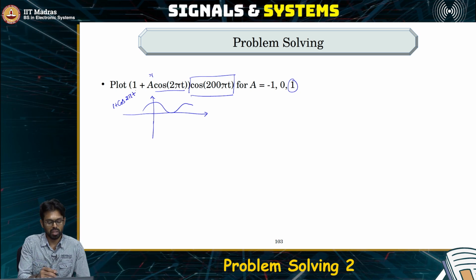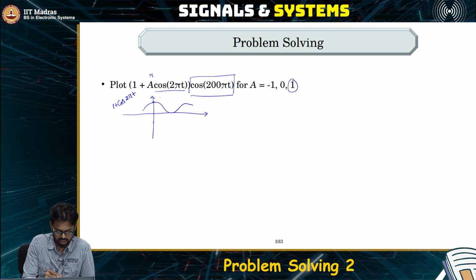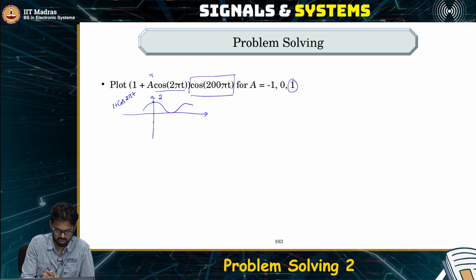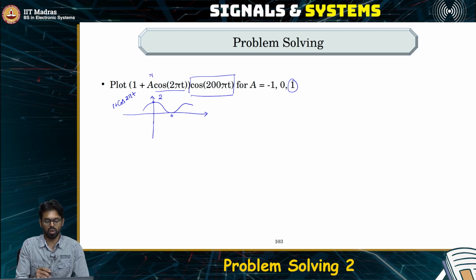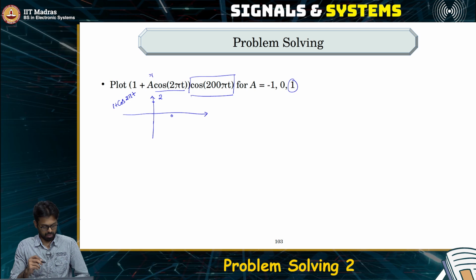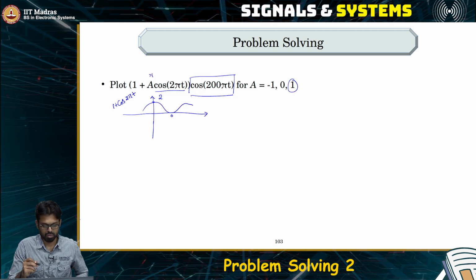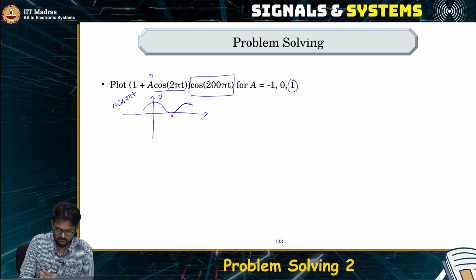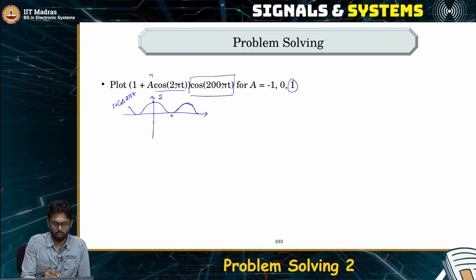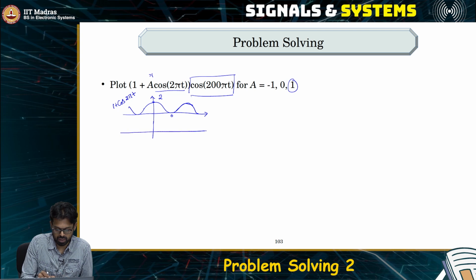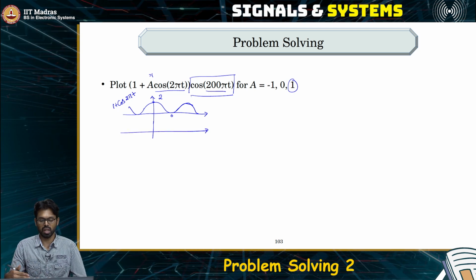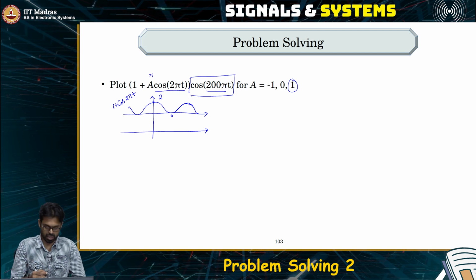So what's the maximum value it can take? The maximum value it can take is 2, and what's the minimum value it can take? It is 1 minus 1, which is 0. So this is cos 2 pi t plus 1. Now what are we doing? We are going to multiply this with cos 200 pi t, which means we are multiplying this with something which has a frequency 100 times larger than this.